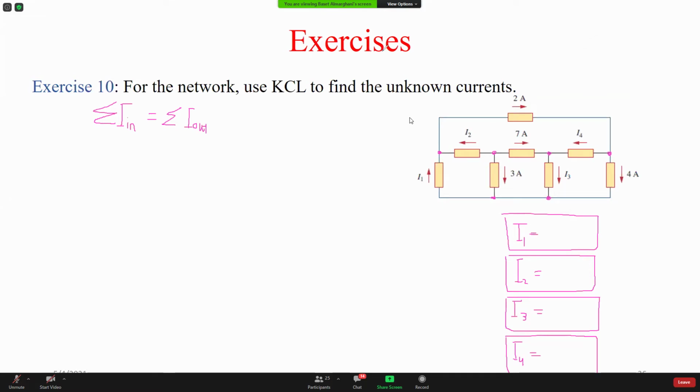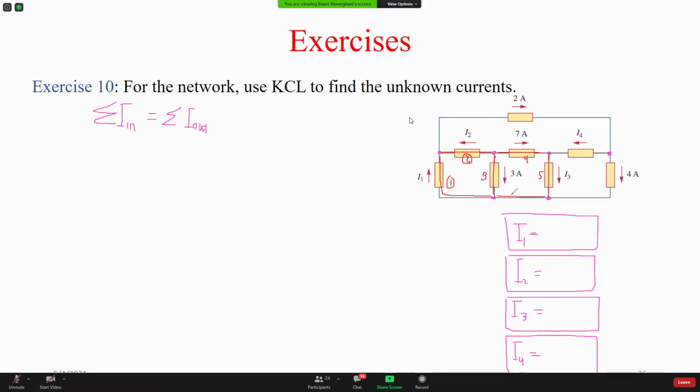Let's look at how many we have. Let's start from this point to this. This is 1. From the intersection to the intersection, 1. From here to here, 2. From here to here, 3. Then this way, 4. Then this, 5.